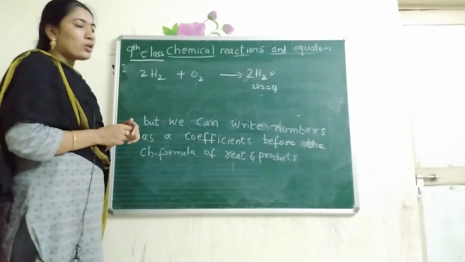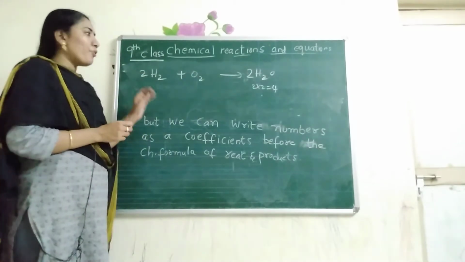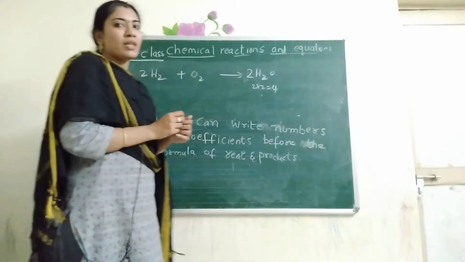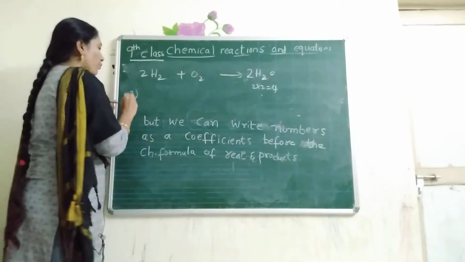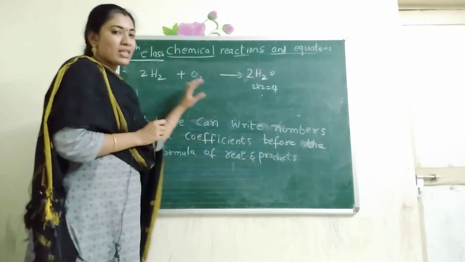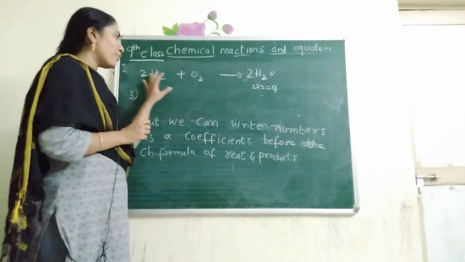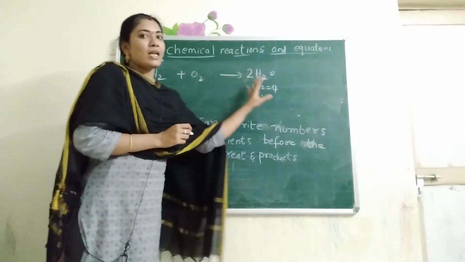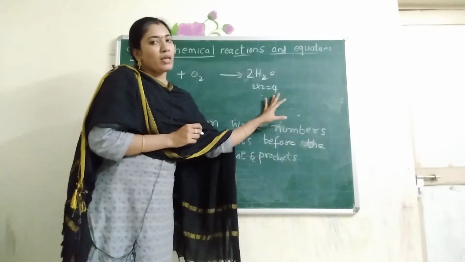If you have any doubt regarding this equation, after completion of balancing, check the equation once. This is the last step. What is the step? After balancing the equation, you have to check the number of atoms on the reactant side and the number of atoms on the product side.